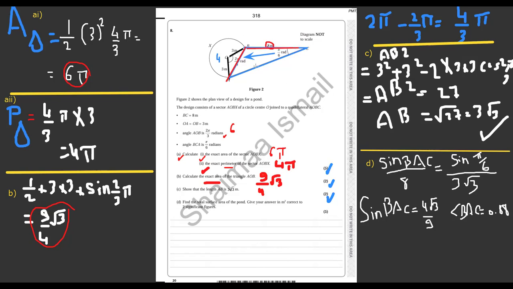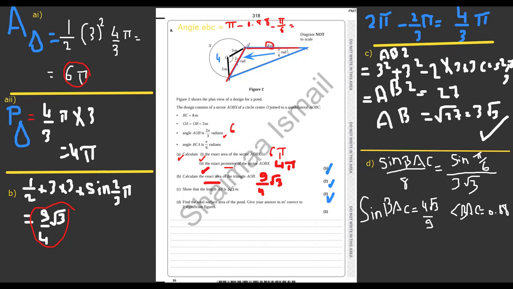So let's use the total of pi. We say the angle ABC is equal to pi minus 0.88 minus pi over 6.